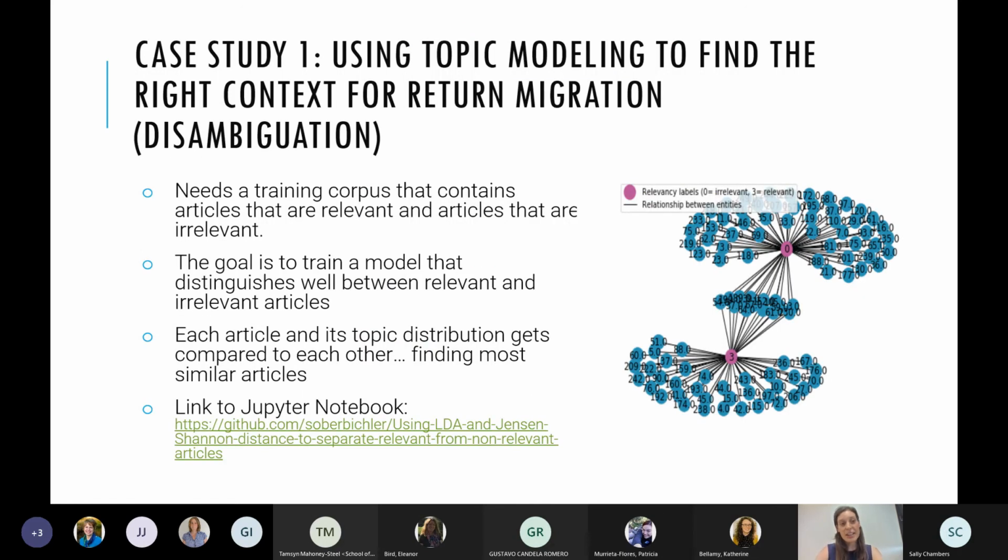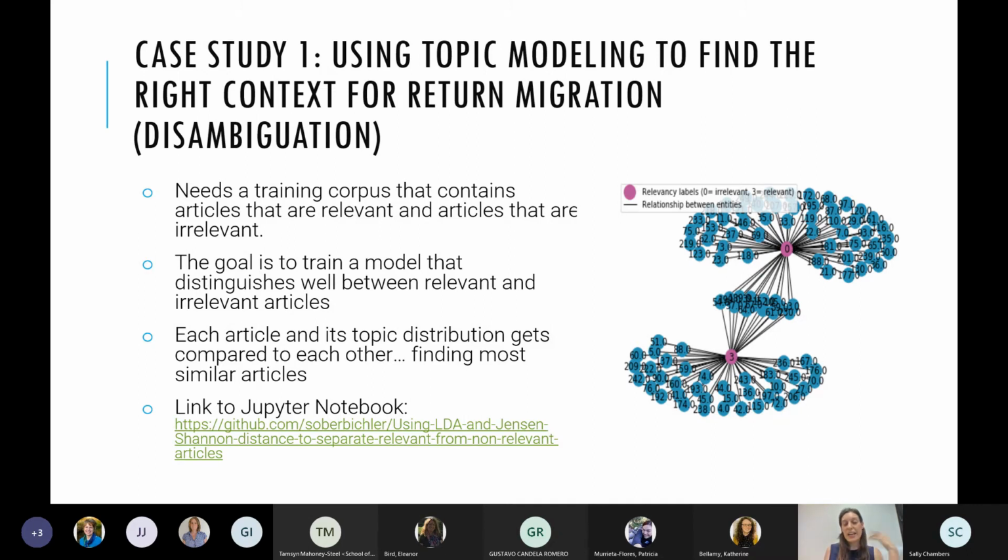And so going back to the first case study, just to remind you, it was the one on return migration. I used topic modeling there to find the right context. If you remember, I had the problem with the term Rückwanderung, return migration, just one example, which had very different meanings in different contexts.